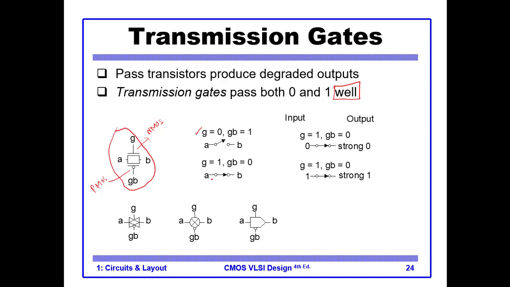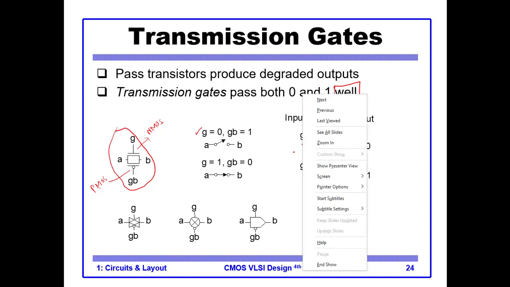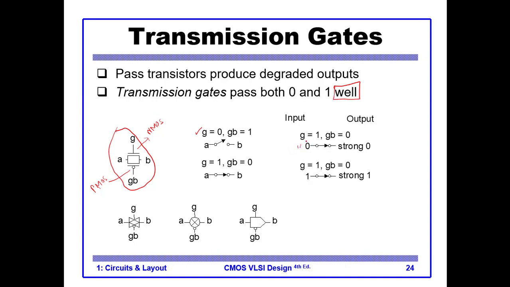So we have a path from A to B. In that case, if we apply 0, it will pass a strong 0, and when we apply a 1, it will pass a strong 1.